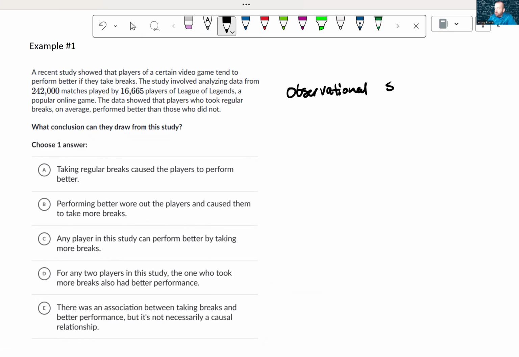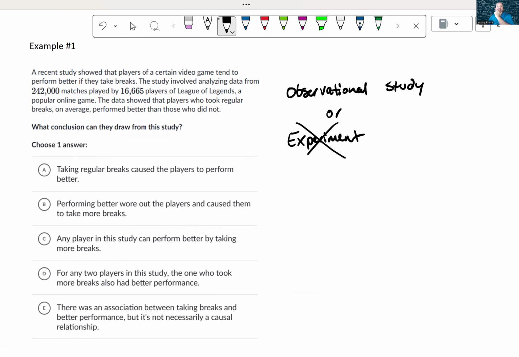That means that it's either an observational study or an experiment. Because it's not an experiment, we're going to cross out any of the answer choices that say experiment or imply experiment, if there are any. And I don't think that there are in this example.